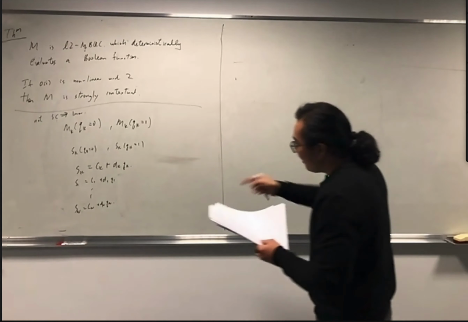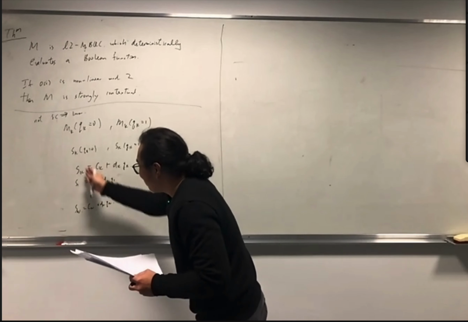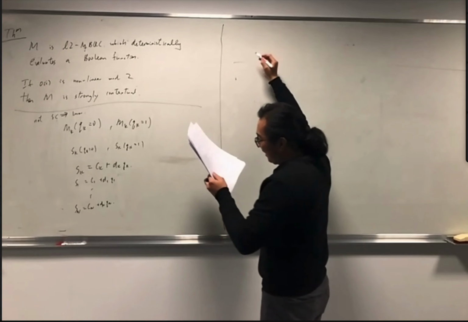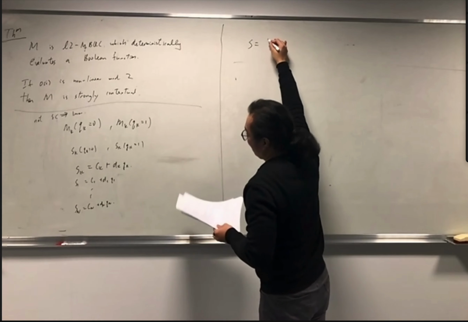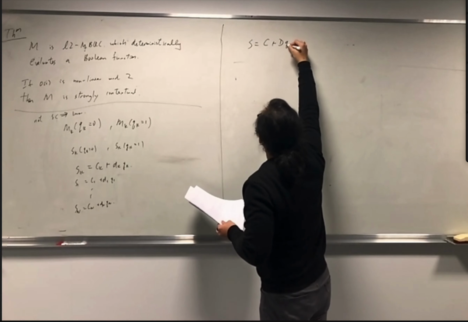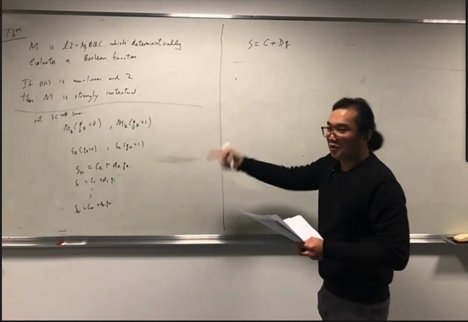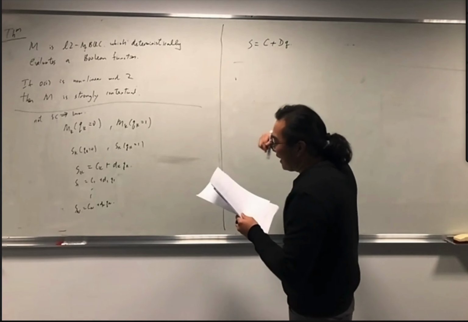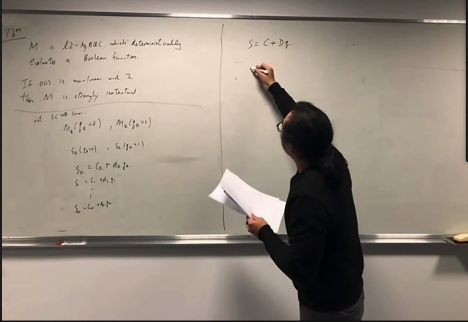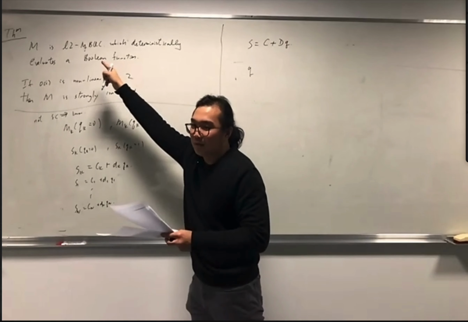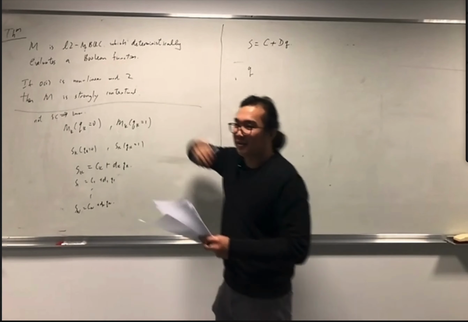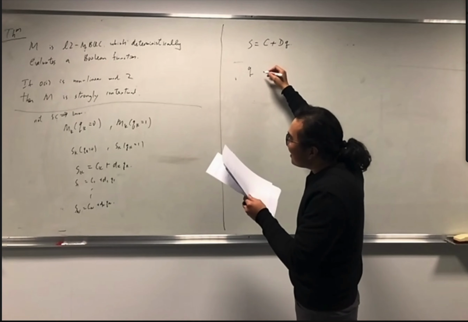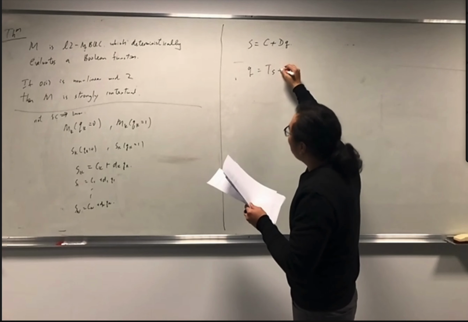And then if you consider the whole thing as a whole vector, then you have S equals C plus DQ. You just put everything into a vector form. And then by the definition, by the way, this is not just for temporal flow, it stands for all the MBQC, we have Q equals TS plus QI.